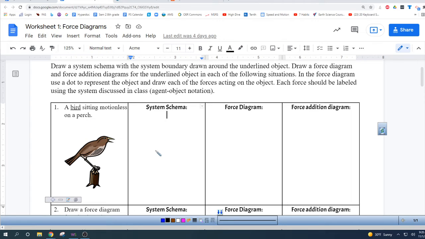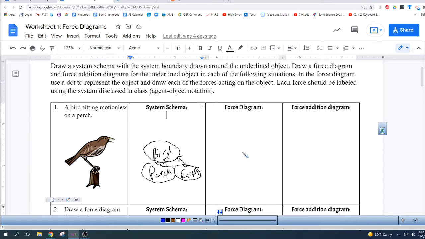In this case, we have a bird sitting on a perch, and we have the earth, which is pulling it down. In our system schema, we circle our things, our objects. And once again, these are objects, not forces. So the earth acts on the bird, the bird acts on the earth, the bird acts on the perch, the perch acts on the bird. So this shows us that we have two forces.